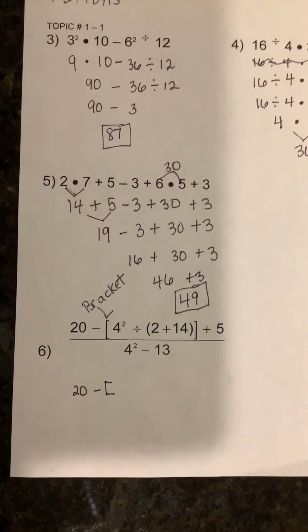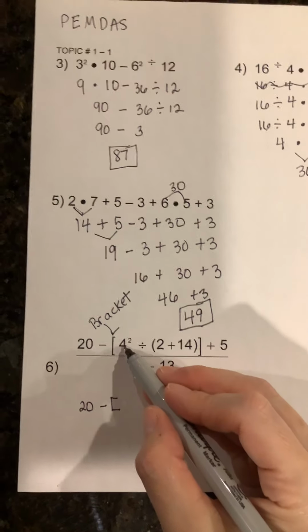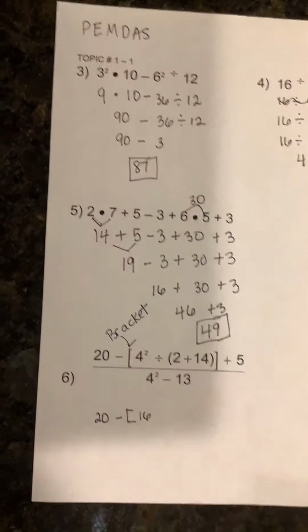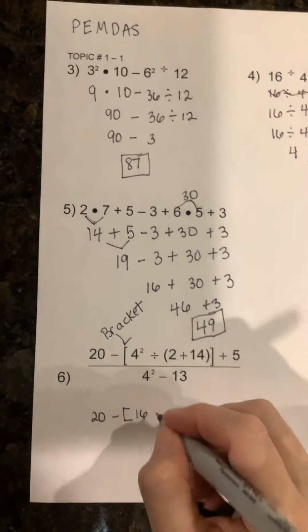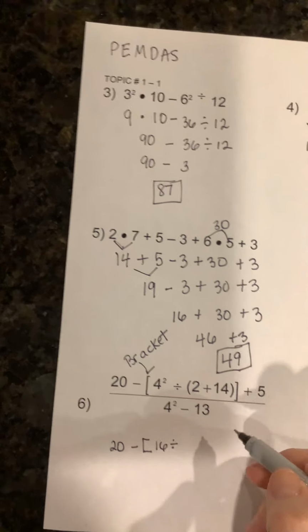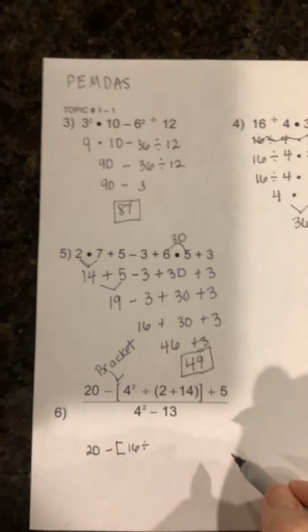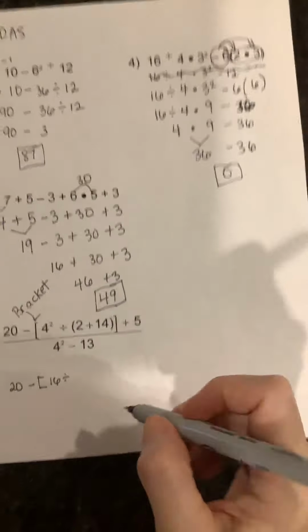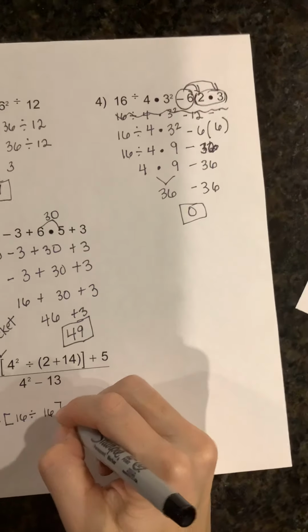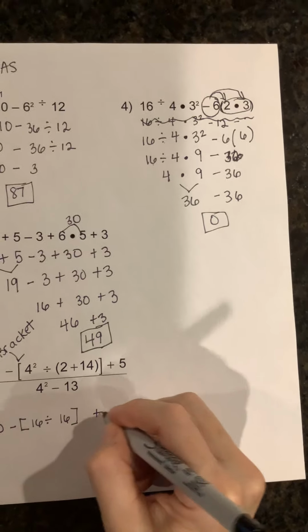So I'm going to clear out what's in the bracket first. So 4 squared is 16. Divided by, okay, now I'm going to do what's in the parentheses, which is 16, and I'm going to close that, plus 5.